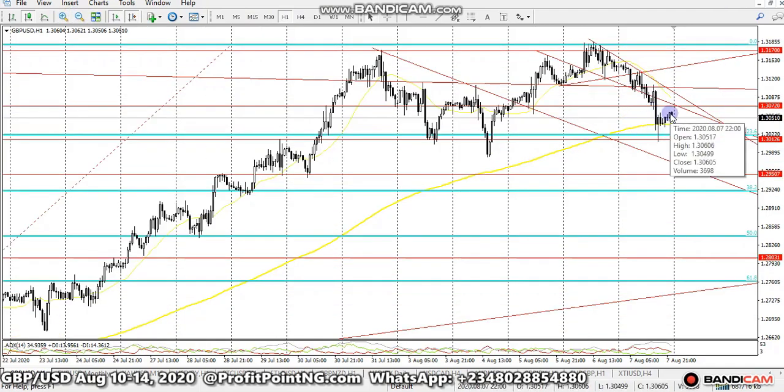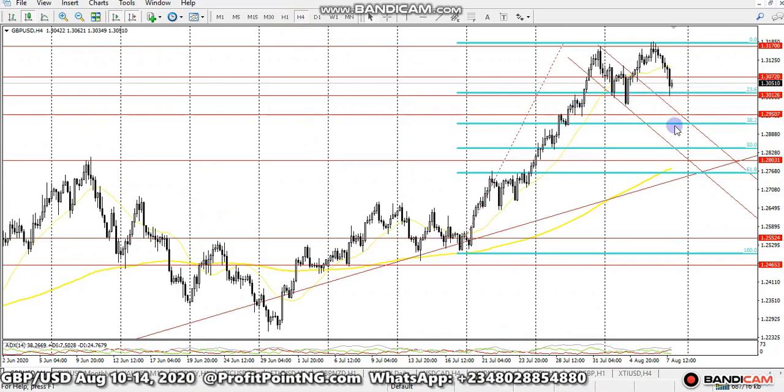Key levels to watch. So by Monday, if GBP/USD is unable to find its way back above this falling triangle, and if it continues to trade right within this falling channel, then I'm not going to be surprised that the pair might find its way back into this zone here.